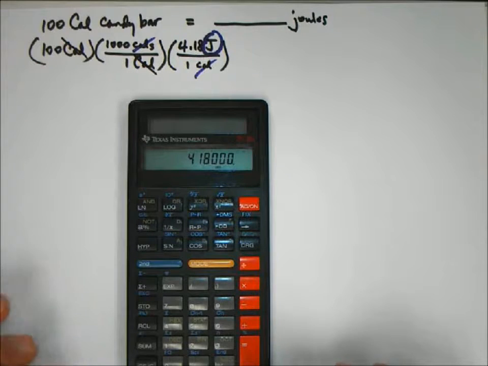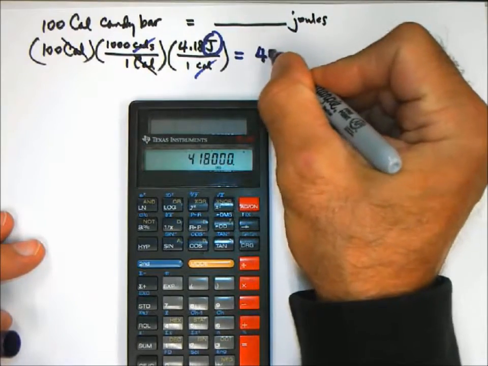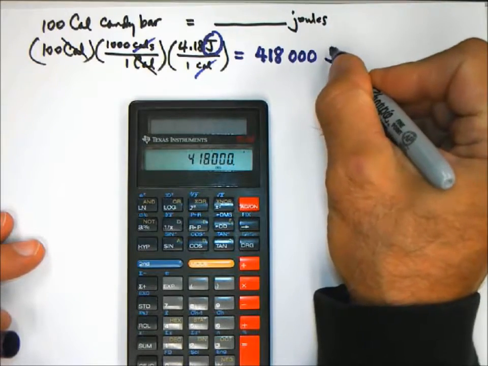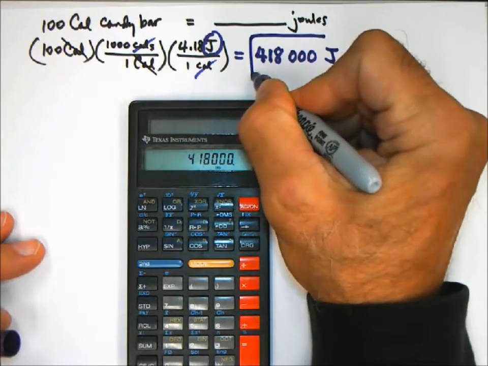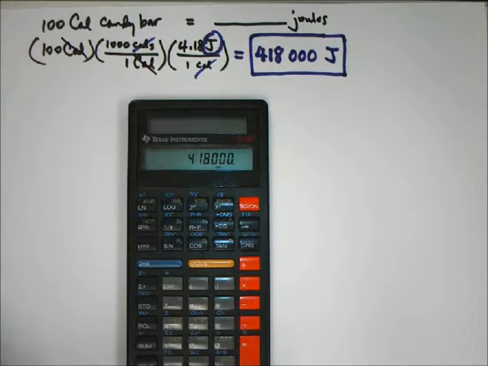So the answer to this problem is 418,000 joules. Wow. So you mean to tell me that a 100-calorie candy bar is equivalent to a candy bar that has 418,000 joules of potential energy stored in its chemical bonds? And the answer is that's true.